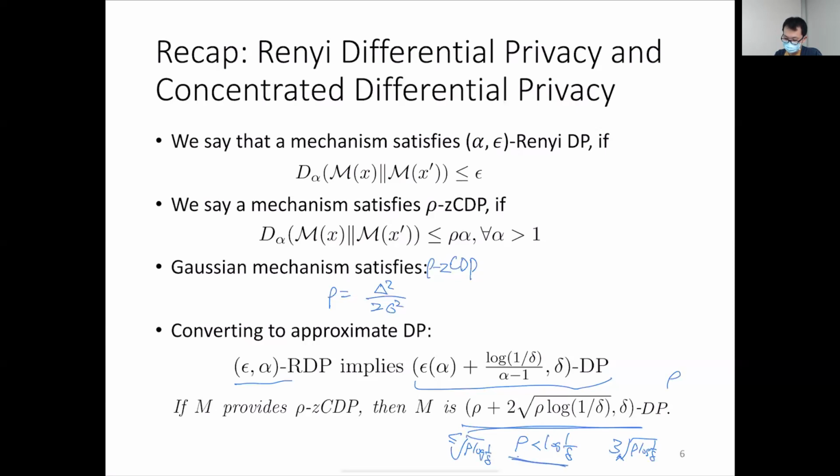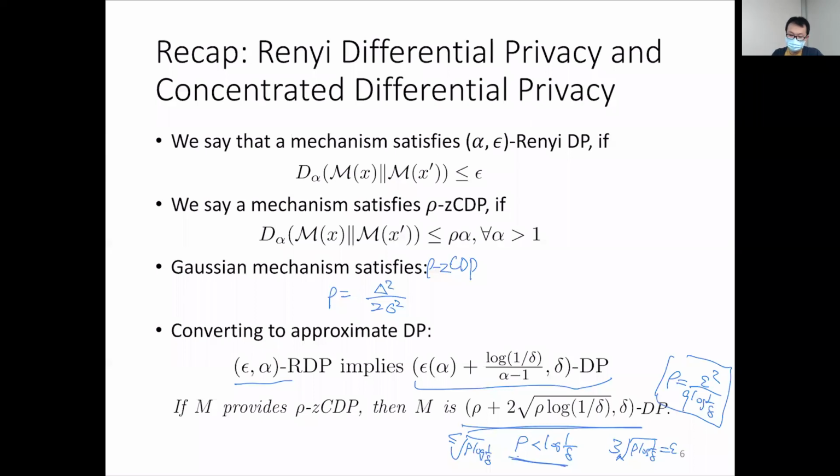So basically, rho is equal to epsilon squared over 9 log 1 over delta. Right. So this formula helps us to convert back and forth between the epsilon parameter and the rho parameter. And for the interesting regimes of epsilon and rho, you should understand this rho parameter as epsilon squared.